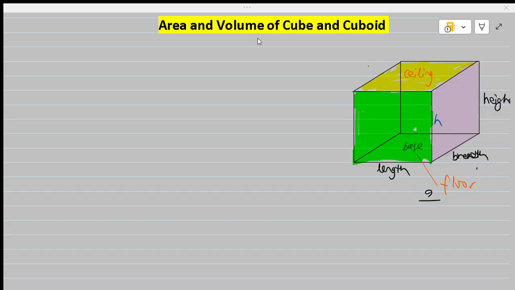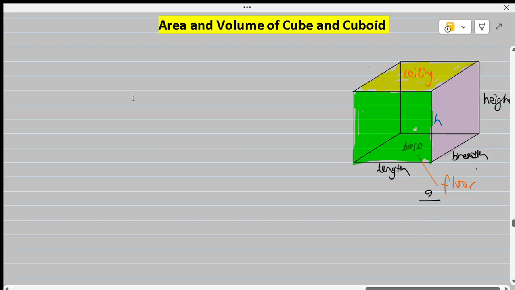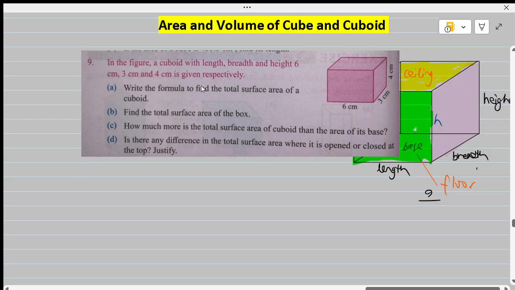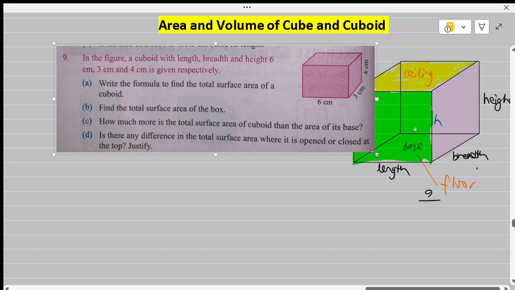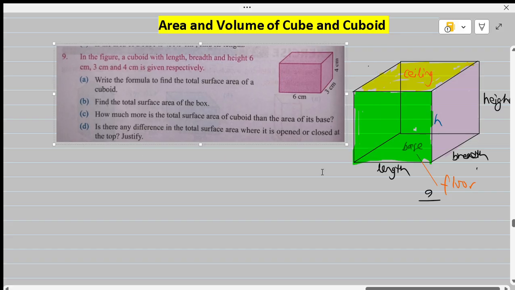Okay, so number 9, let's see what is here. 9 is one long question. Let's understand the question, what is said.